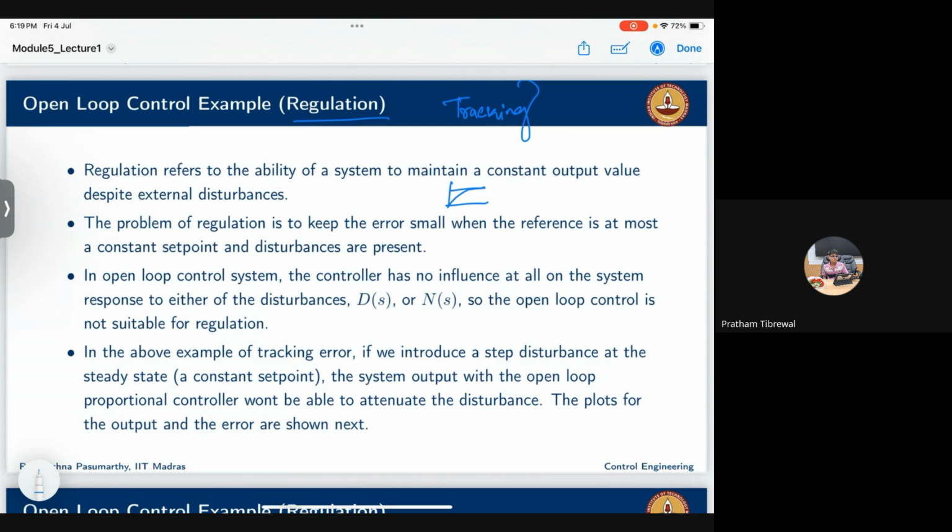When I say regulation, the output should maintain a constant value in spite of disturbance. Even if I apply a disturbance to my system, in terms of a sine wave or any other disturbance, my output should not jitter. It should be stable. How well it is stable is how good the regulation is.